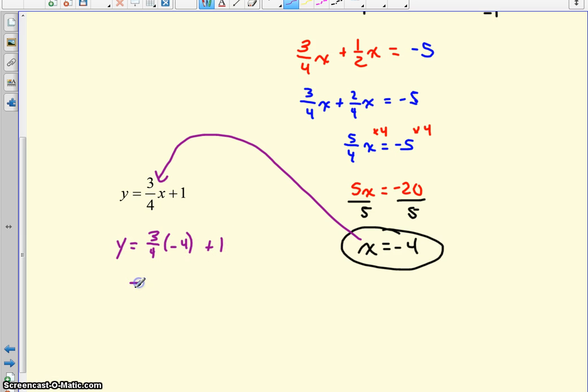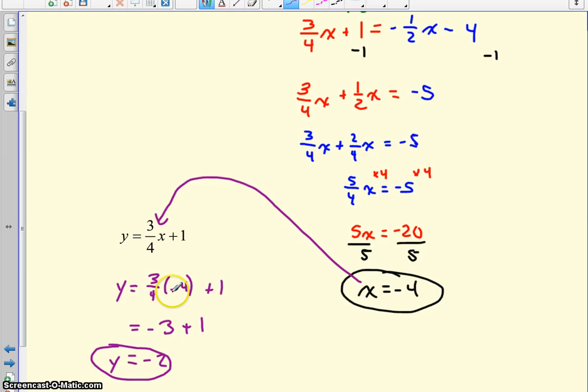And again, now it's just a matter of working through and simplifying. So 3 over 4 times negative 4, the 4's cancel here, you're going to be left with negative 3 plus 1, which is negative 2. Okay, so x equals negative 4, y equals negative 2 becomes our solution.